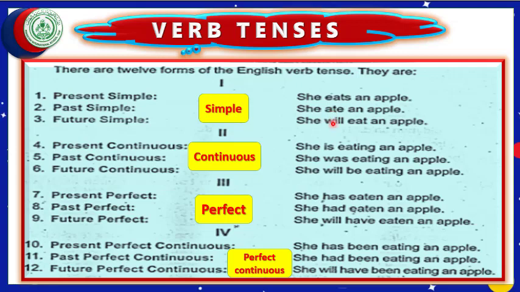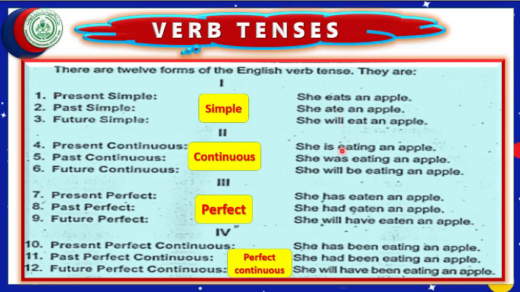And the third one is future simple, in which the verb used is will eat. It is important to understand and remember it. In simple aspect, verb changes as eats, ate, will eat.